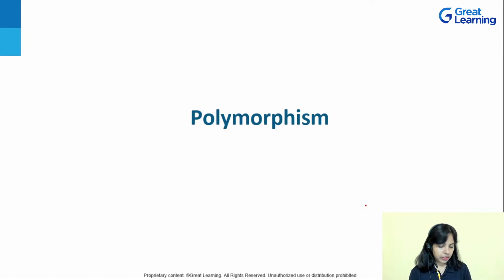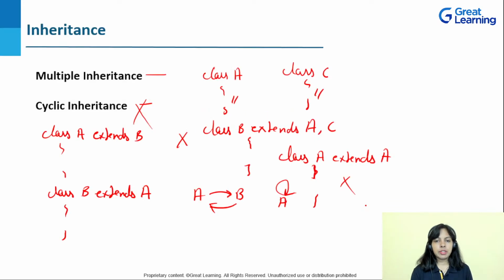Shivam Bharti asks, what would be the default visibility level of data members? Okay, as I said, the default access specifier applies if you don't add any access specifier. In the default access specifier, the variable or the method is accessible anywhere inside the same package.